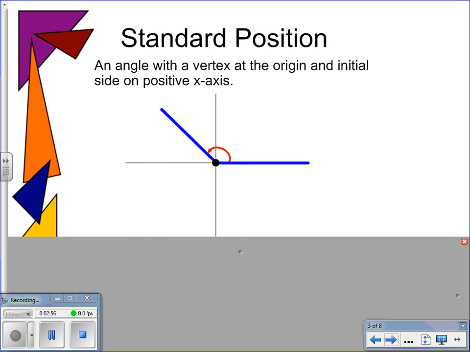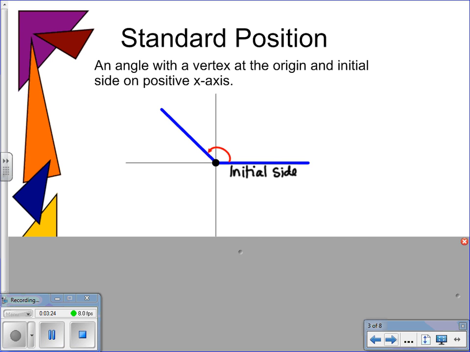One side will always be the same, and that's the initial side. The initial side always runs along the positive x-axis. So this side right here will always be the same in all the angles that you and I draw. We'll always share an initial side.